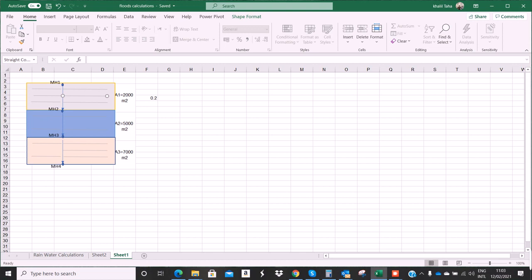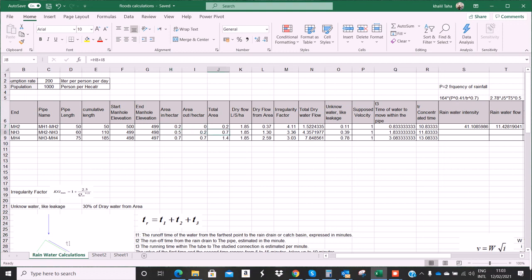While if you look at the second area, you will see it is discharging its water and the water coming from area 1. So you will see it is area n, its own area, and the out is 0.2 from the previous area, and the same for the third area.